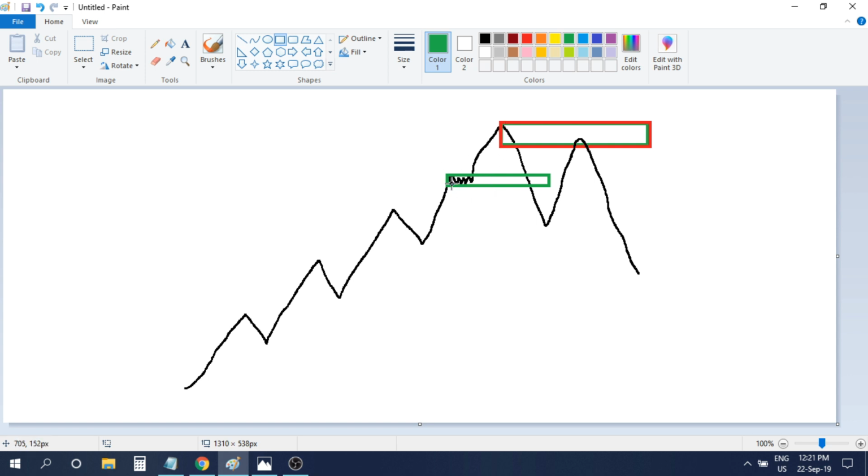Essentially, we have some form of basing over here, and then price makes the final move up. It comes back strongly, breaks this flag structure or this rally base rally, and then again makes a reversal to come back and pick up the sell orders from the original area and then reverse. This is called capping of price.